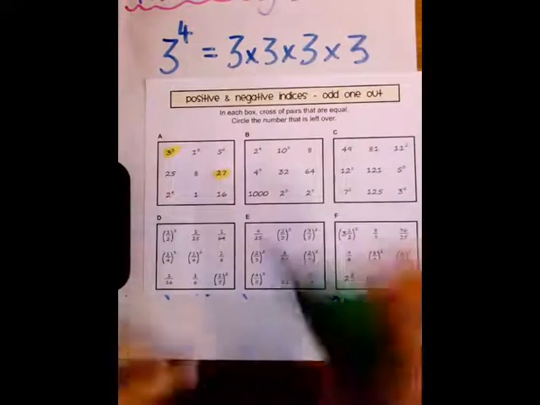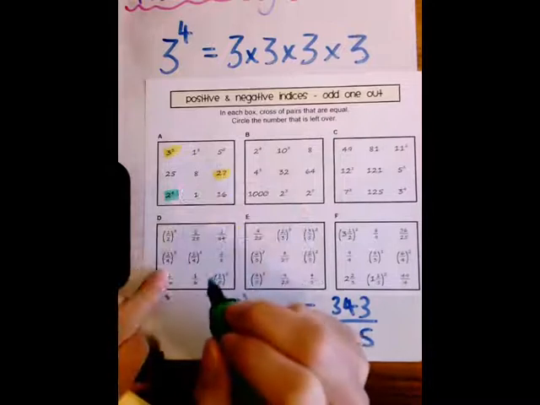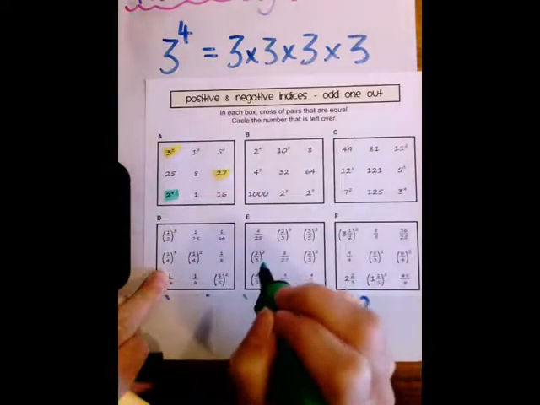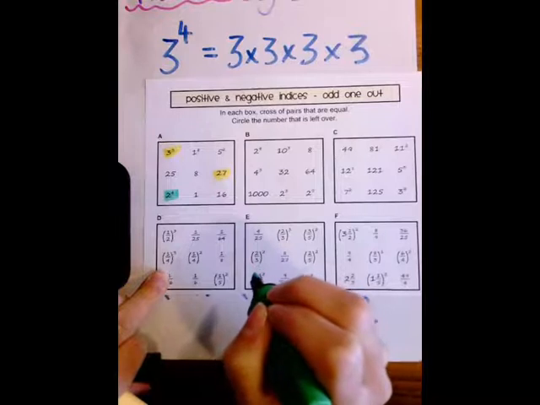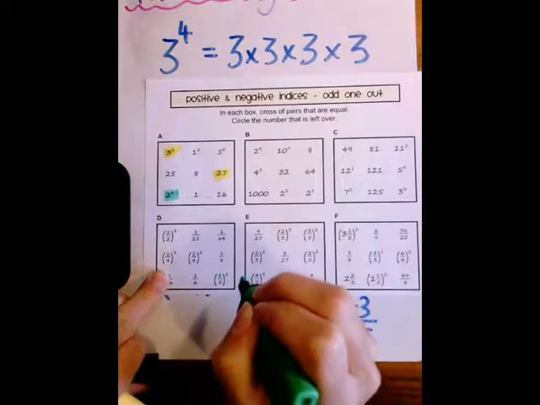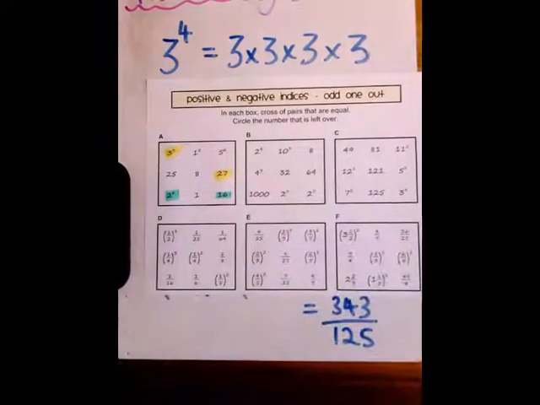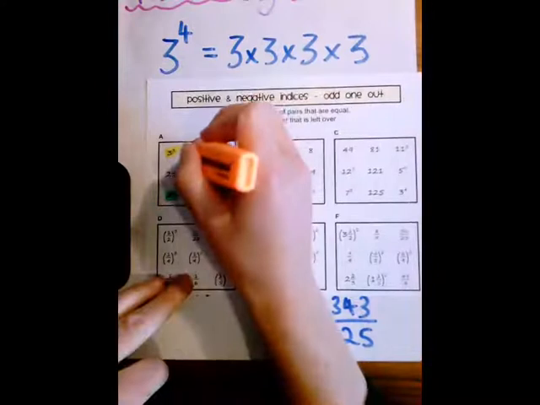Next I could try maybe the 2 to the power of 4. That would be 2 times 2 times 2 times 2, and make sure you are multiplying each time, not adding. So 2 times 2 is 4, times 2 is 8, times 2 is 16. So that's this one. And then we've also got 1 to the power of 8 here.